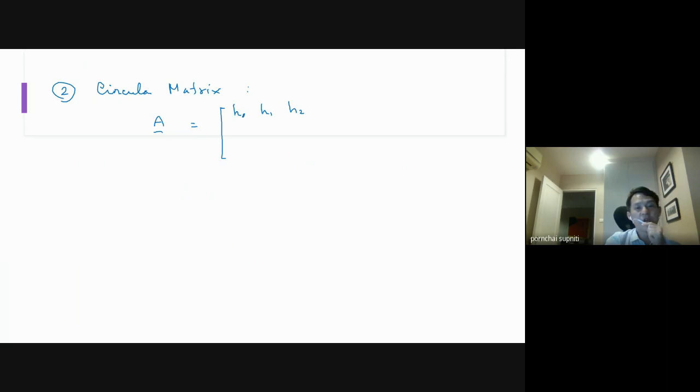the second row is going to be a shifted version of the first row. If you shift this to the right, you have H2, H0, H1. And then if you shift these to the right again, you get H1, H2, and H0.